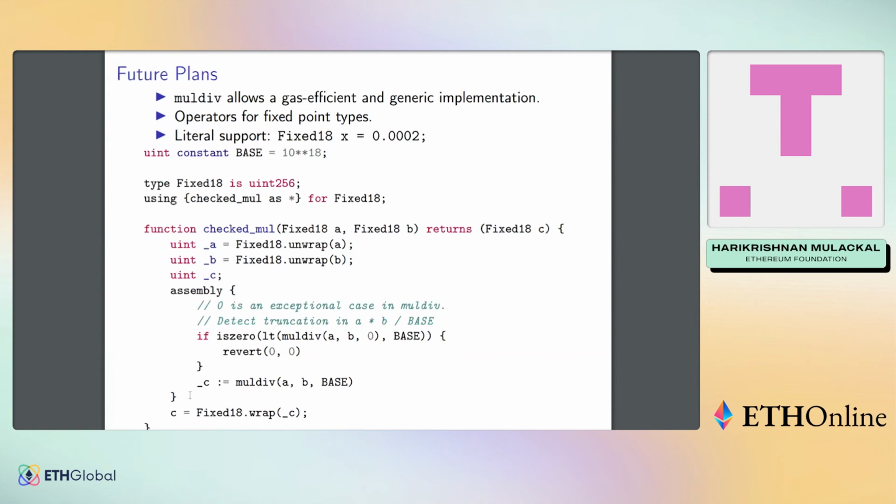And this is an example of how it would look like. Here you're using user-defined fixed 18, and perhaps a syntax like this, using checked mul as star for fixed 18. And then your user-defined fixed multiplication can be used anywhere in the language.